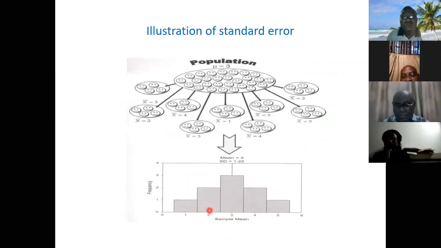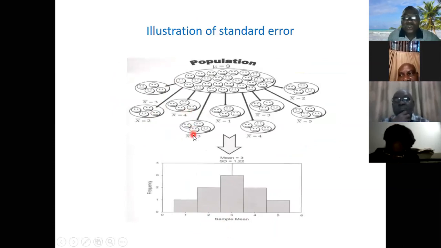Let's add: 3 plus 2 is 5, plus 4 is 9, plus 3 is 12, plus 1 is 13, plus 3 is 16, plus 4 is 20, plus 2 is 22, plus 5 is 27. Divide by 9, because there are 9 of them, it gives you 3.